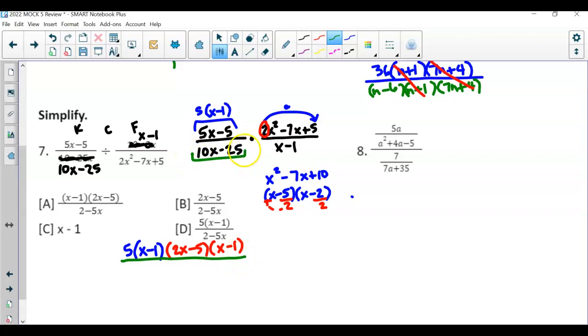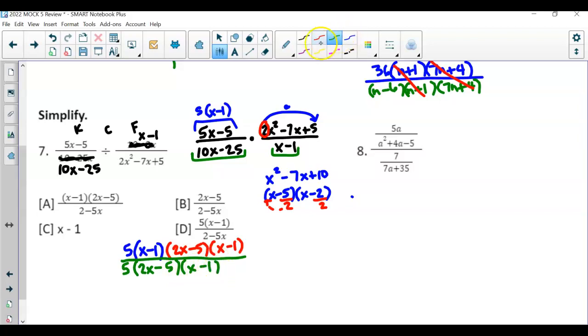Here I can factor, but the GCF between 10x and negative 25 is 5. When I take out 5, 10 divided by 5 is now 2, so 2x minus 25 divided by 5, which is now 5. Then here, can we factor x minus 1? No, so I'm just going to bring that down, x minus 1.